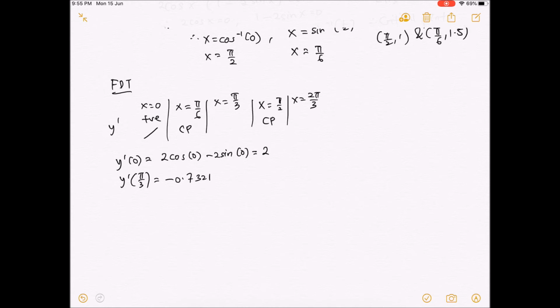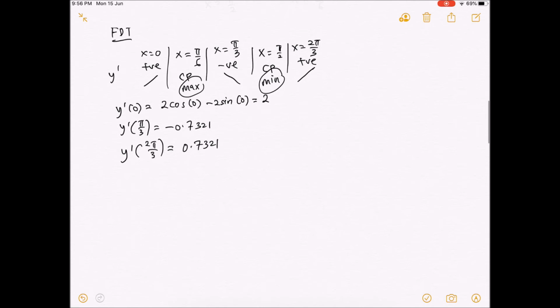Just use your calculator. So this is negative, the slope is decreasing. Next, y prime at 2 pi over 3, I have 0.7321, positive, increasing. So from the pattern we can see that x equals pi over 6 is a maximum, and x equals pi over 2 is a minimum.